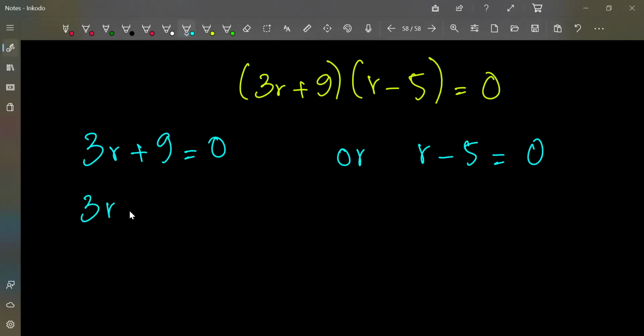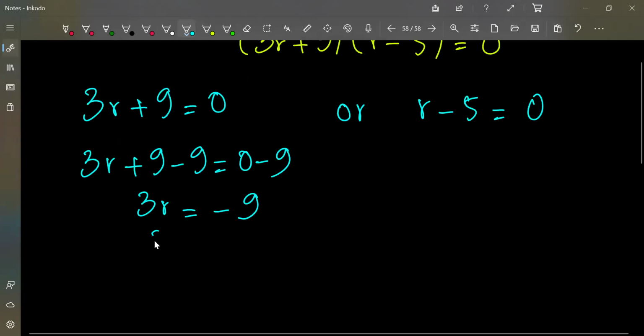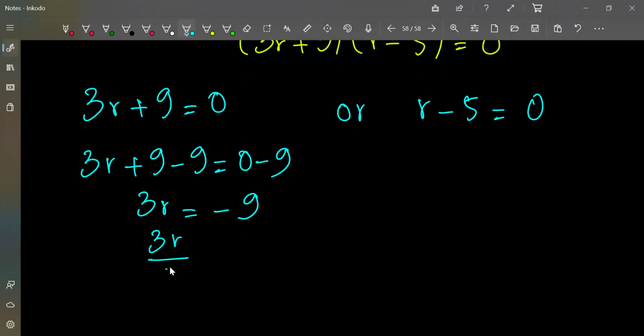So now let's add negative 9 to both sides. So 3r equals negative 9. Then divide both sides by 3. So we get 3r divided by 3 equals negative 9 over 3. So we get r equals negative 3.